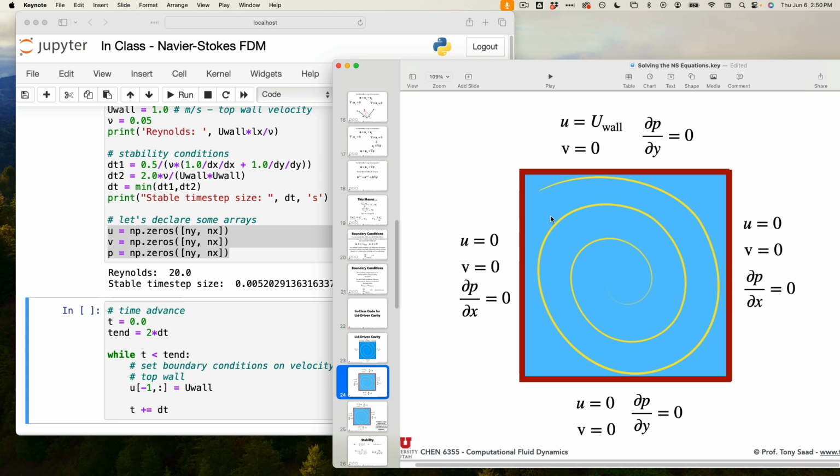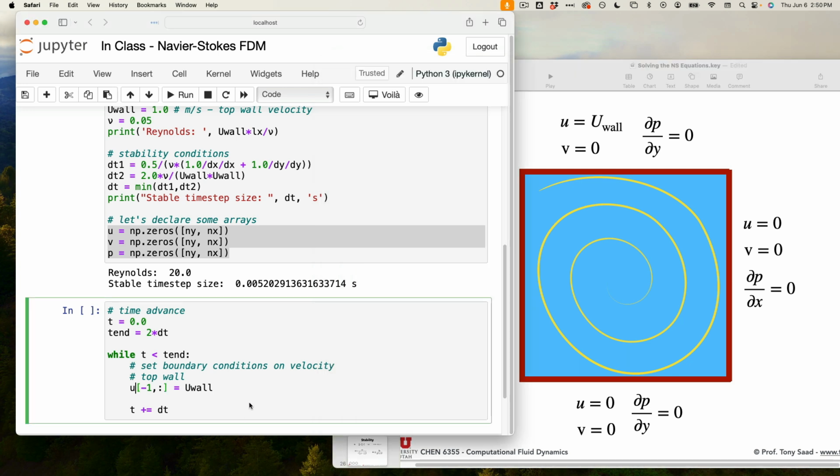So we start at the end and say that u at this j value, which is -1, for all x values is equal to u wall. Same thing for v at -1, for all x values it is 0.